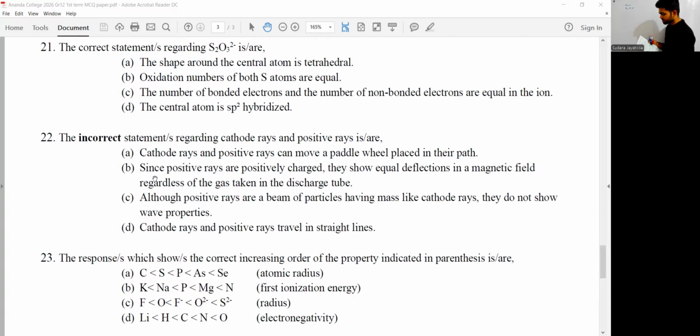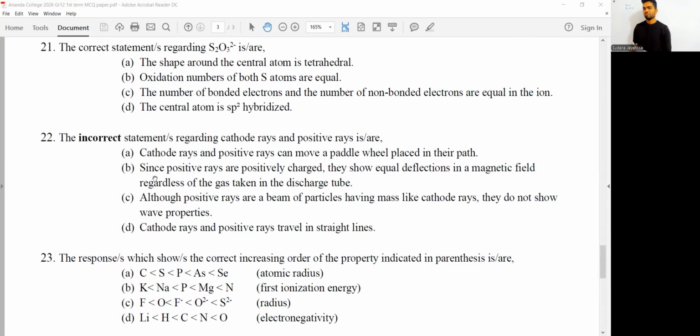That is also wrong. Anything can show wave properties, wave-particle duality. So there are two mistakes in the C statement: telling that positive rays' mass is equal to cathode rays, and telling that they don't show wave properties. All particles can show wave properties.